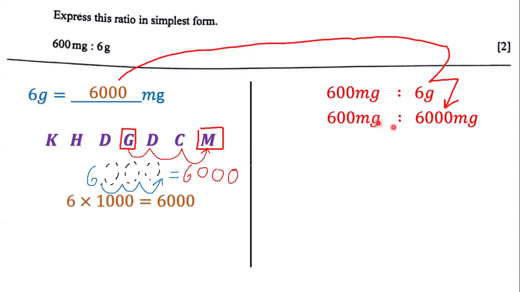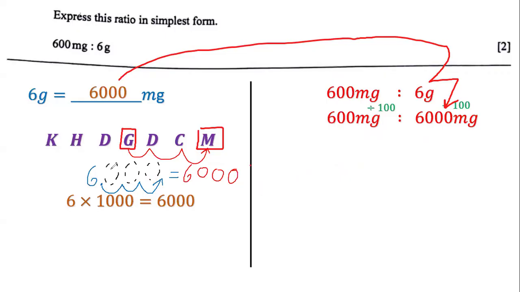How can I simplify these two? What number could go into both of these numbers? I could use 100. So we divide both sides by 100. And when we divide both sides by 100, all we're really doing is canceling the zeros.